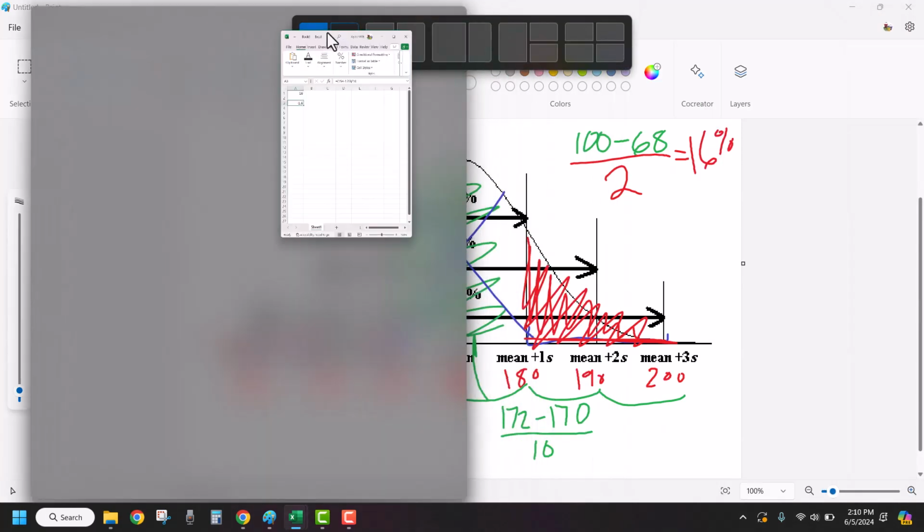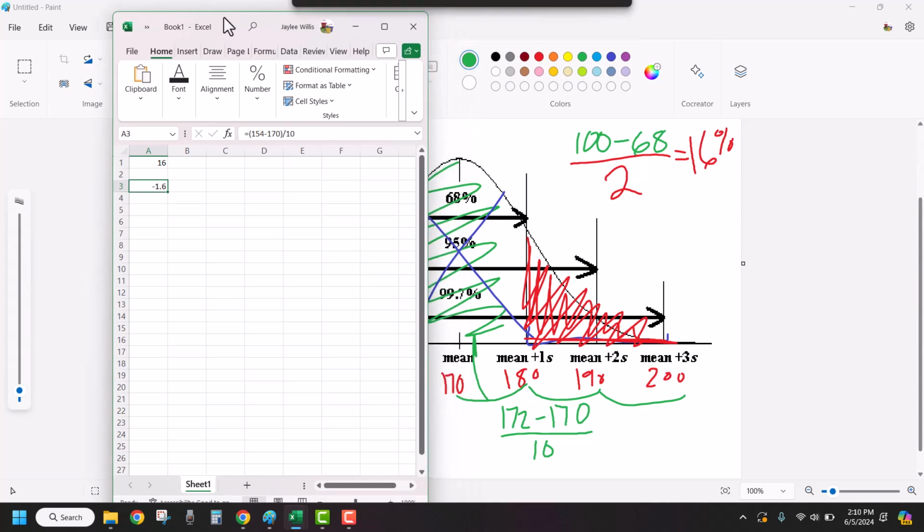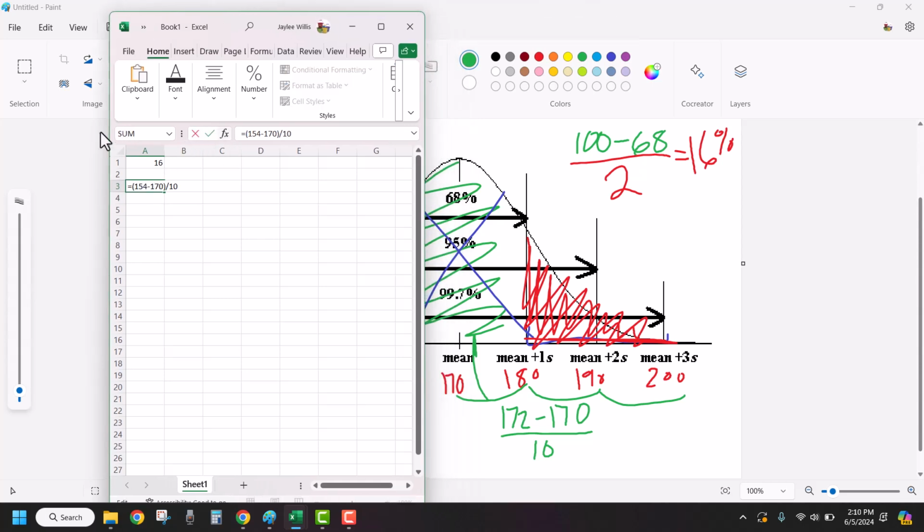Actually, let me use this to show you guys another way that you can also do these calculations. So when I did this, I typed in the numbers into my formula exactly. But another option that you could have done is you could have typed it out with kind of like showing more work. So for example, I would say the value that I'm looking at, so the 154 pounds is the value, the specific value I'm looking for. The mean was 170.